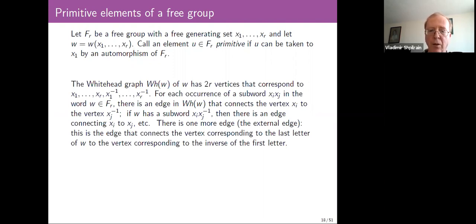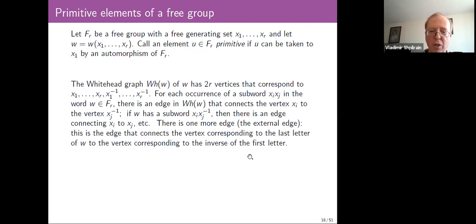It does not depend on the size of the input word W. Now, the edges. For each occurrence of a subword xi xj in the word W, there is an edge in this graph that connects the vertex corresponding to xi to the vertex corresponding to xj inverse, and so on.